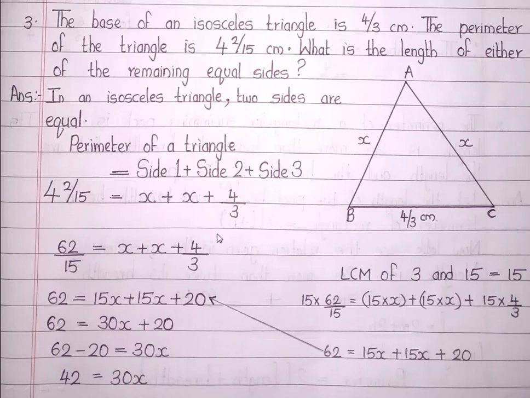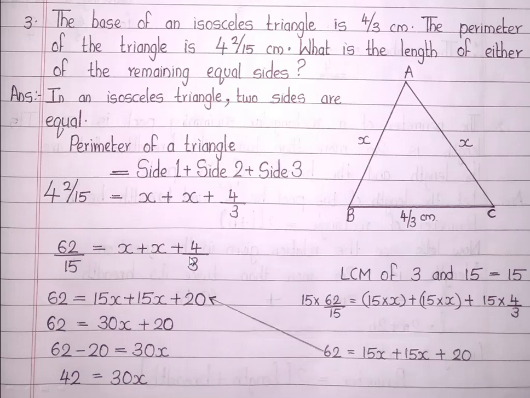It is from the question. 4 2 by 15 is a mixed fraction, so you convert it into an improper fraction. 4 into 15 is 60, 60 plus 2 is 62, with the same denominator 15. So 62 by 15 equals x plus x plus 4 by 3.